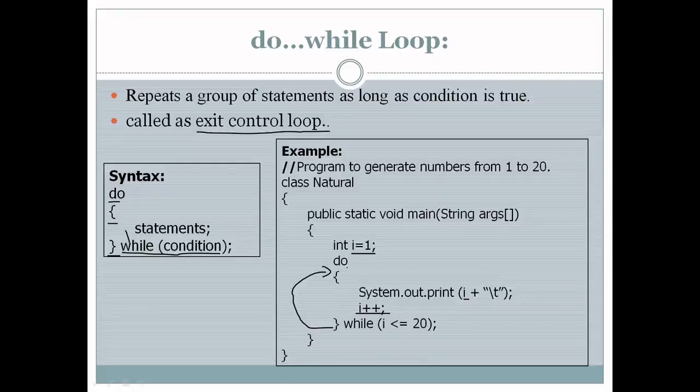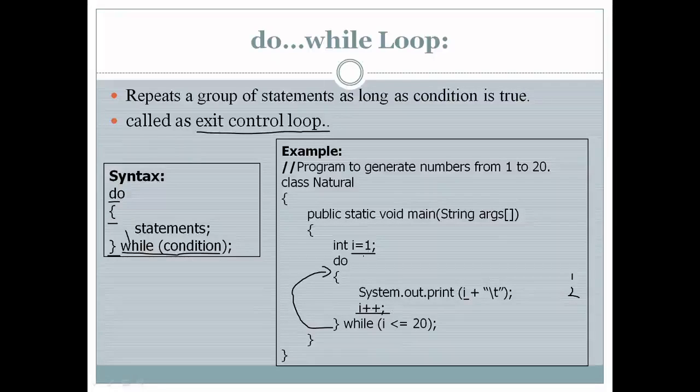So again it comes here, again it executes System.out.println, and it prints the value of i, that is 2. So initially it will print 1, then it will print 2, then again i is incremented here, so that will become 3, and we are checking again 3 is less than or equals to 20. Yes, still it is true.